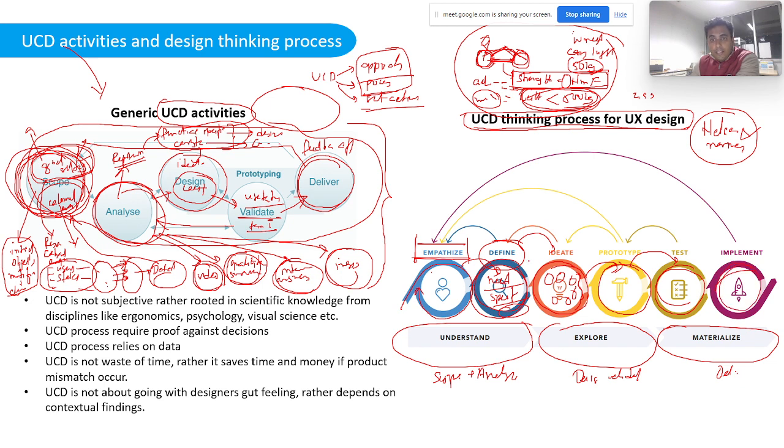Okay, and it says that similar to the generic UCD process, you can move from define back to the empathize phase at any time. So basically, the definition of needs and requirements may get recursively changed if you feel the need of doing the contextual inquiry again. Similarly, your ideation can happen again.